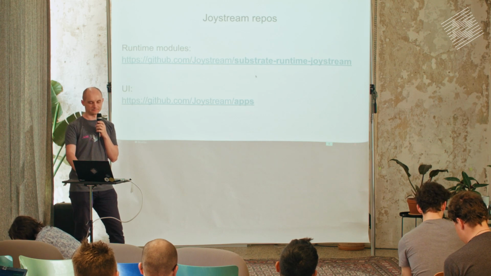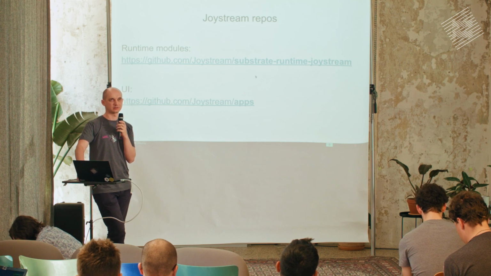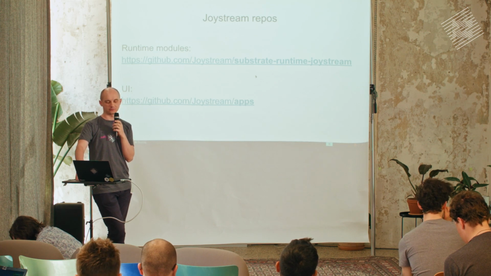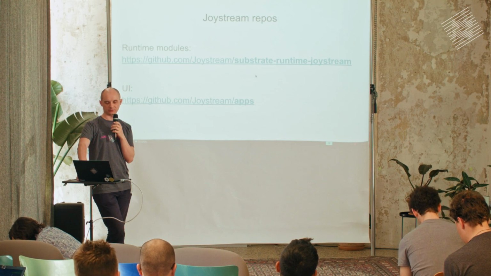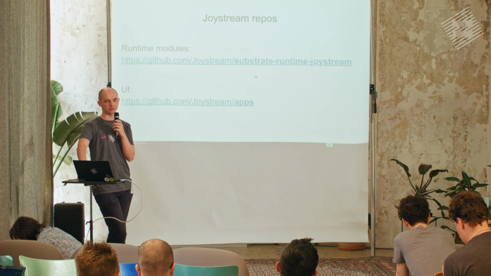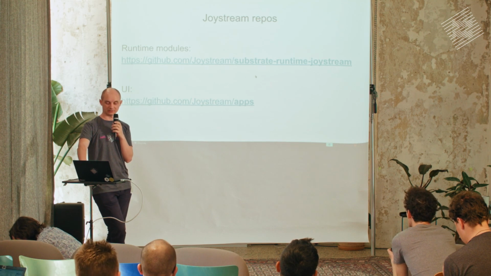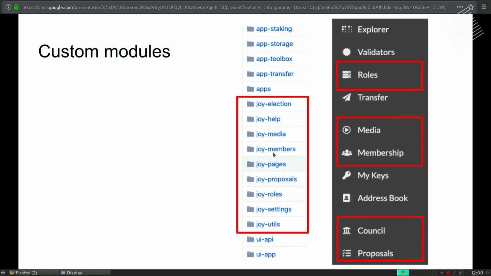So for these reasons, Polkadot apps were more suitable. That's why we decided to fork it. Joystream/apps is just a fork of Polkadot.js apps, but we added a lot of our custom modules for our runtime modules.